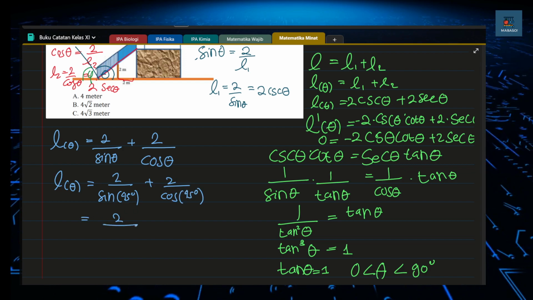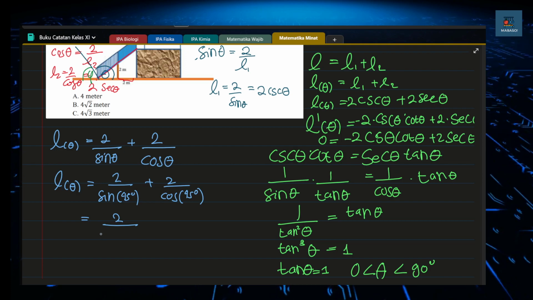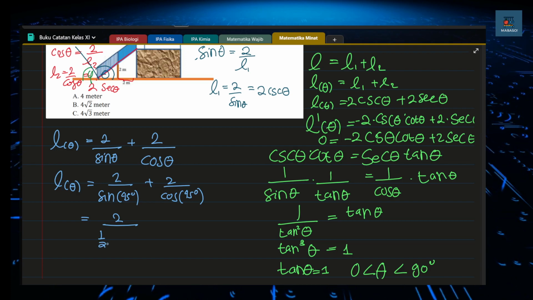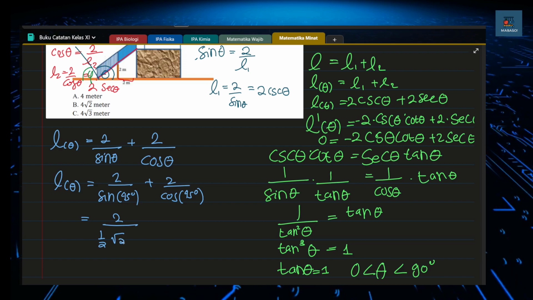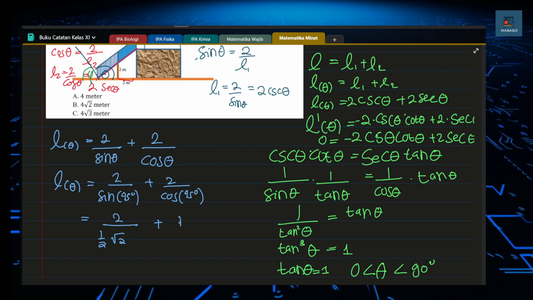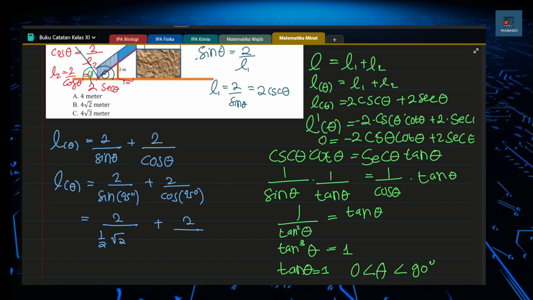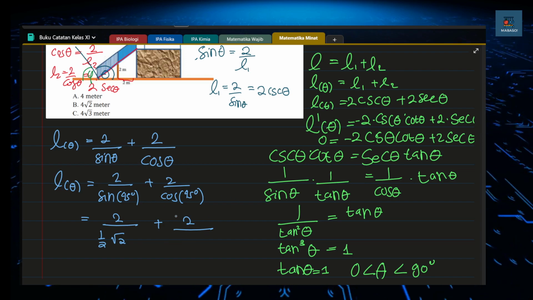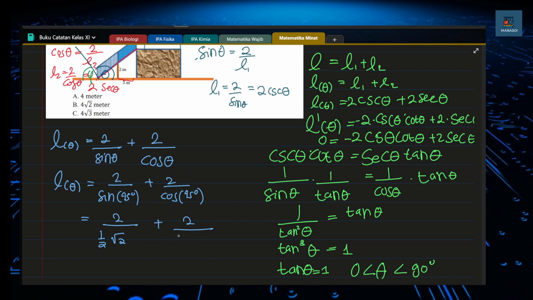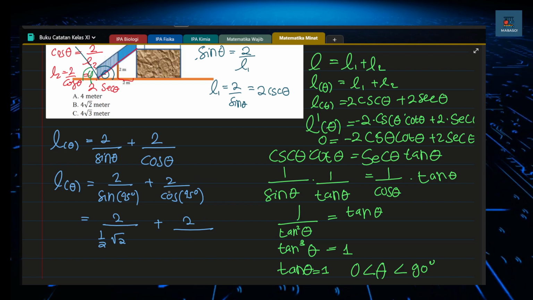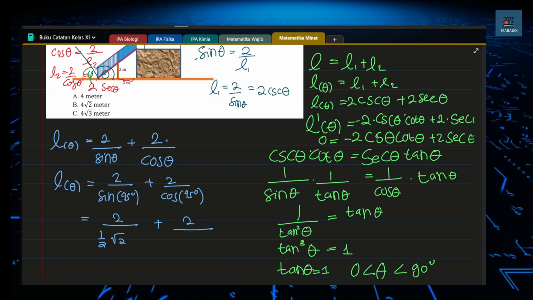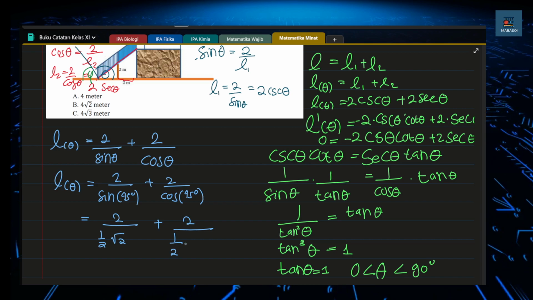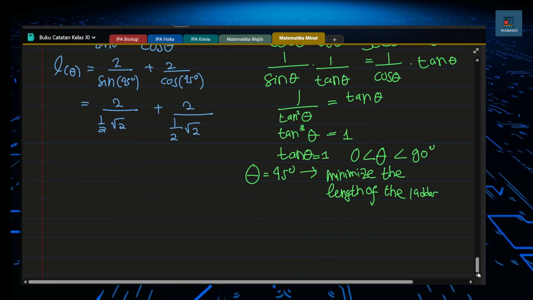We know that sine of 45 degrees is a half times the root of 2, and the cosine has the same value, since cosine of 45 degrees and sine of 45 degrees are the same. So this would be a half times the root of 2.